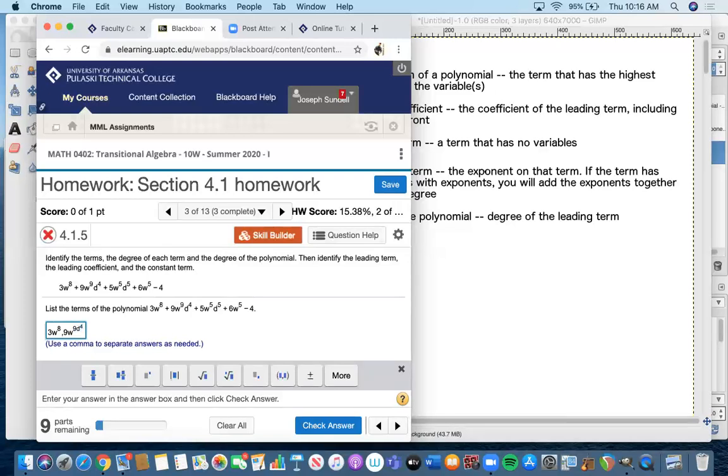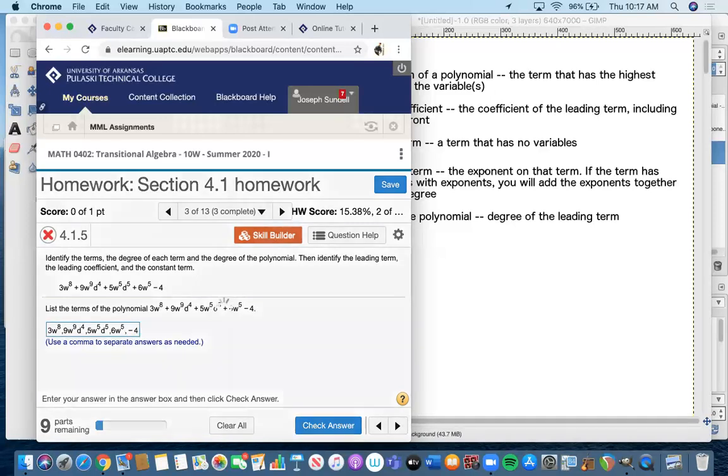Whoops, that got messed up. d to the 4th, there we go. Then there's 5w to the 5th, d to the 5th. Then there would be 6w to the 5th. And then the constant term at the end is -4. Okay, I think that's right.